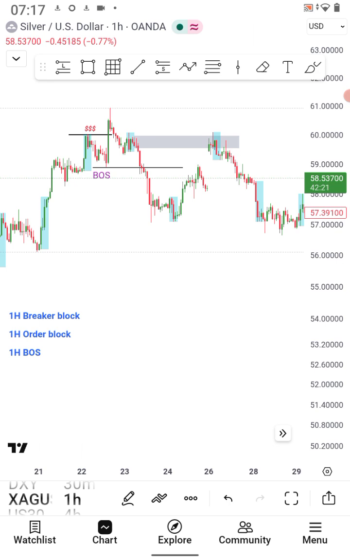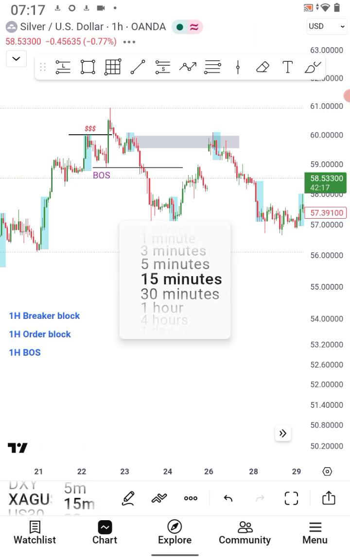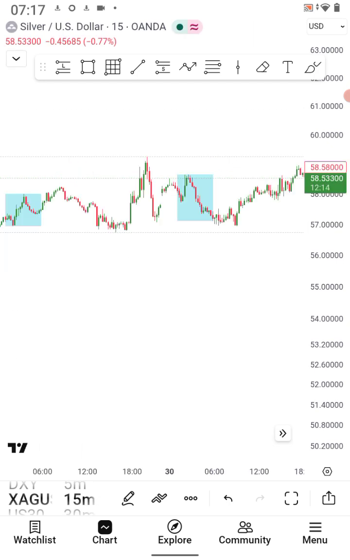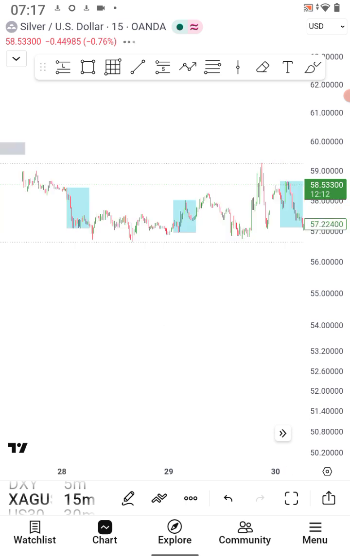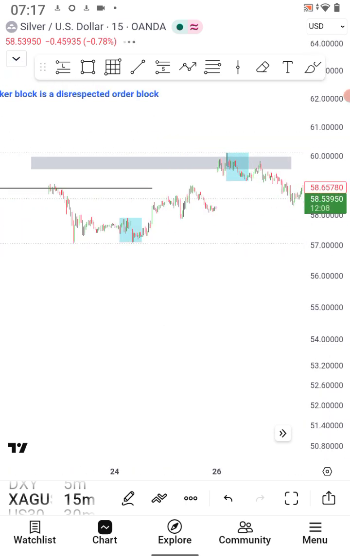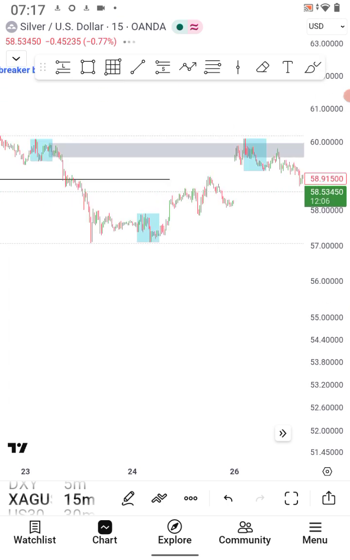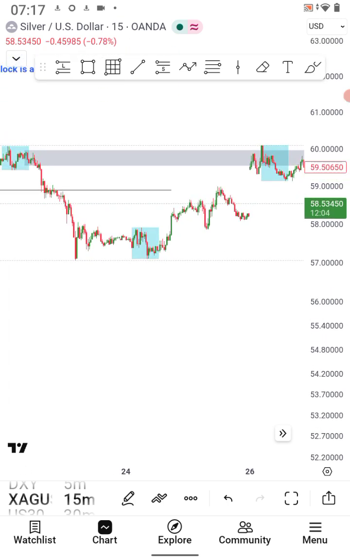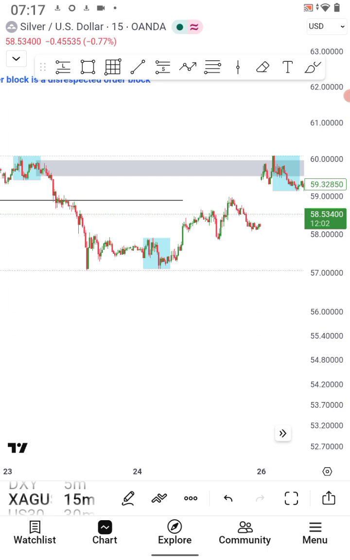After I have done this, I'll go to a lower time frame, the 15 minutes time frame. This is the same thing I explain on this channel every day. What do I now want to see on the 15 minutes time frame?